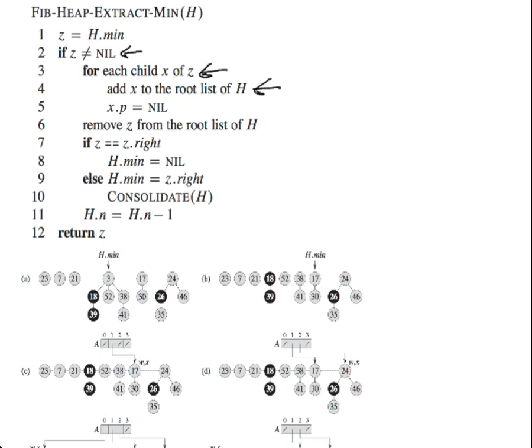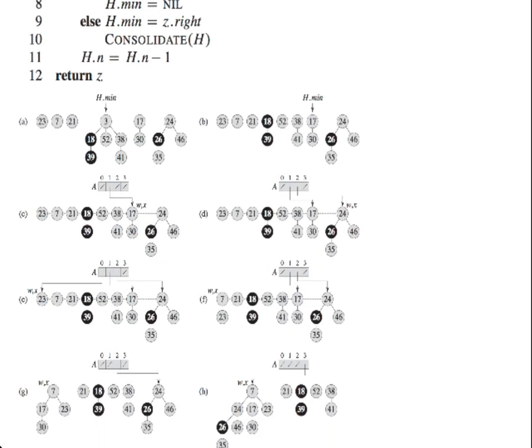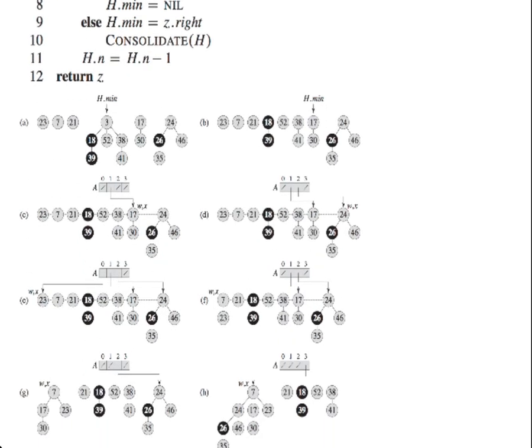So let's look at the figure. The min node has 3 children, 18, 52, and 38. And we're going to pull those up into the main list, 18, 52, and 38.